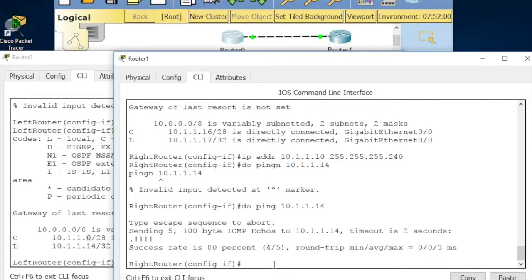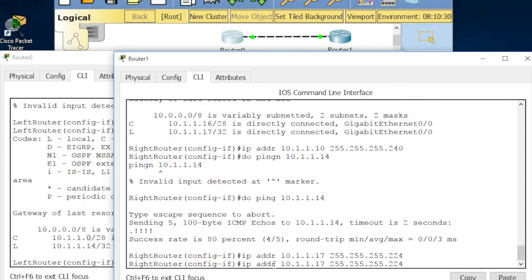So if I change the address back to 10.1.1.17 with mask 255.255.255, and select a mask to have 32 addresses, take 32 away from 256, I have a 224 mask. And now let's try and do a ping back to this guy.